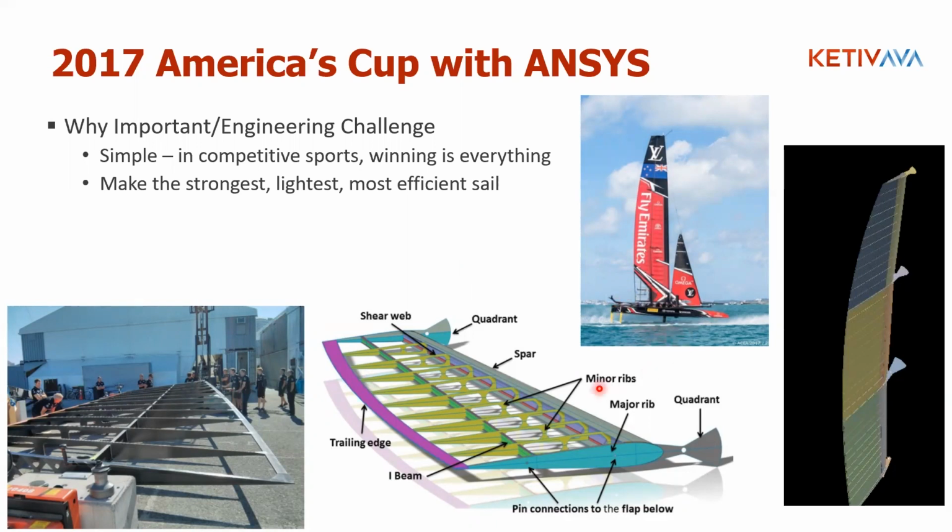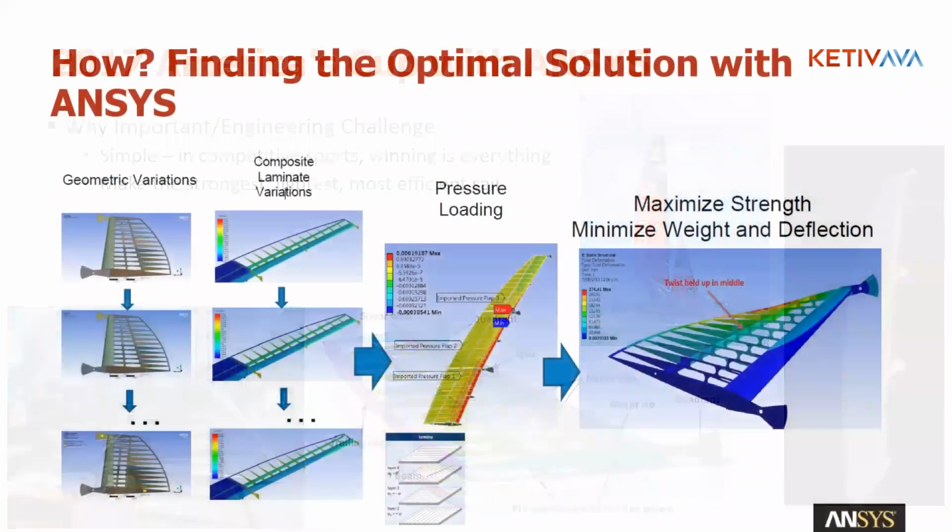So you want this sail to have certain characteristics so that you can optimize the speed of your yacht. You want to make it the strongest, the lightest, or basically the most efficient sail that you can. What was done in this project is that several geometric variations, several laminate compositions, stacking sequences, and stacking orientations were analyzed.